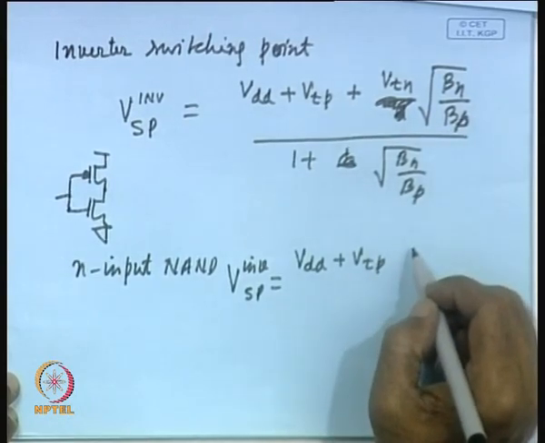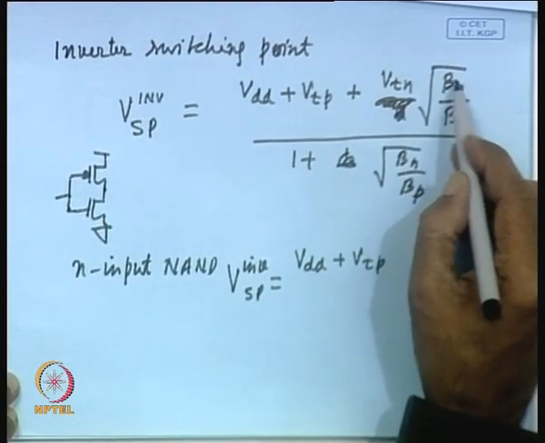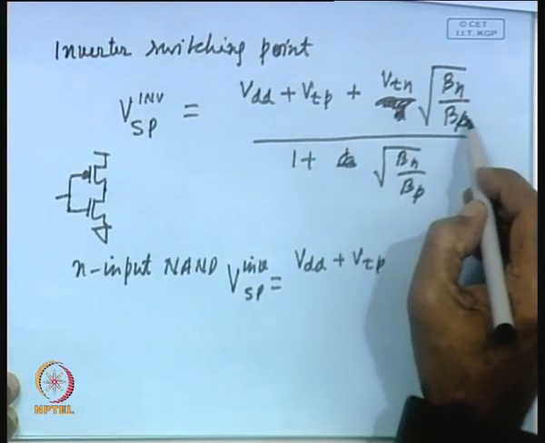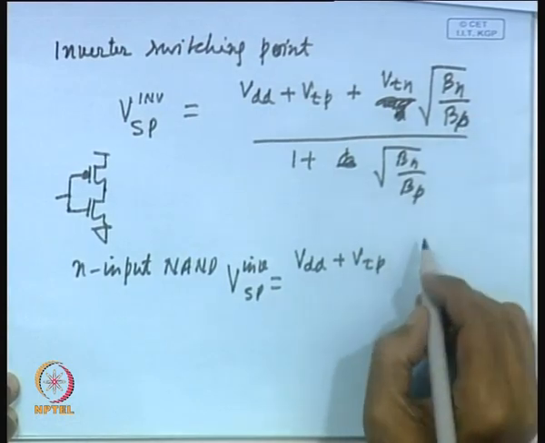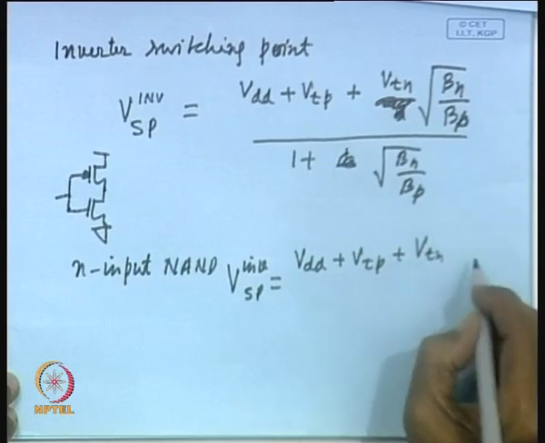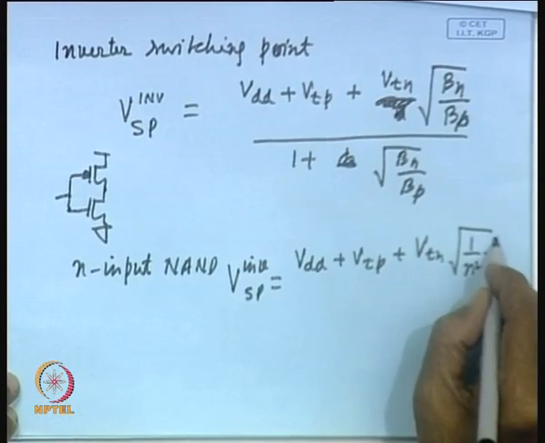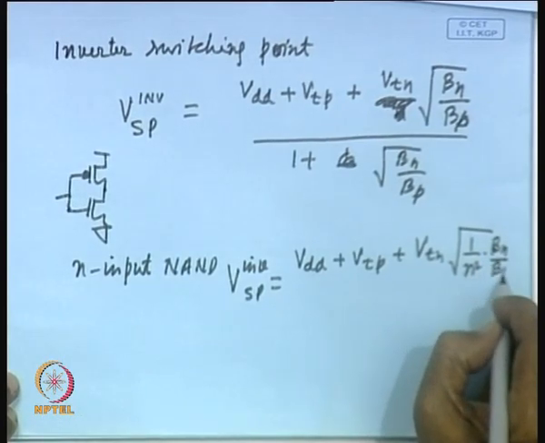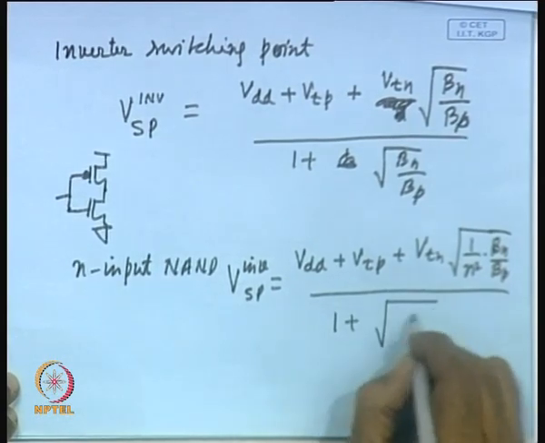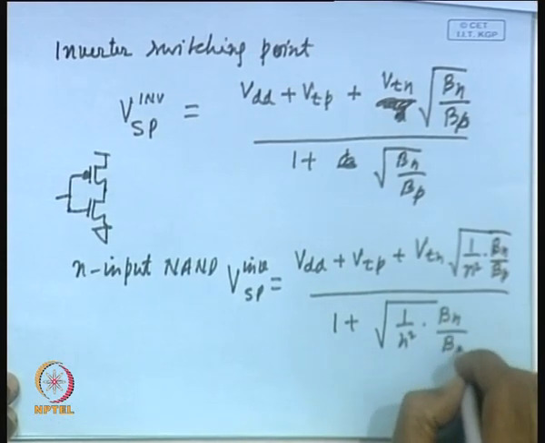Since the length L is in the denominator of W by L, and L is increased and W p is increased, as a consequence it will be VTN times root of 1 by n square beta n by beta p, divided by 1 plus root of 1 by n square into beta n by beta p.